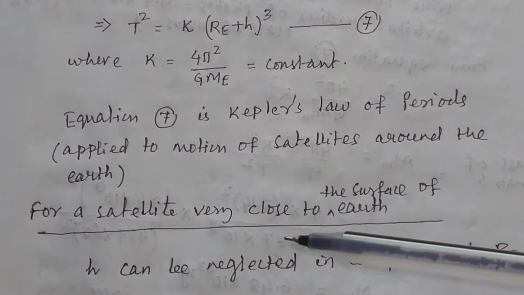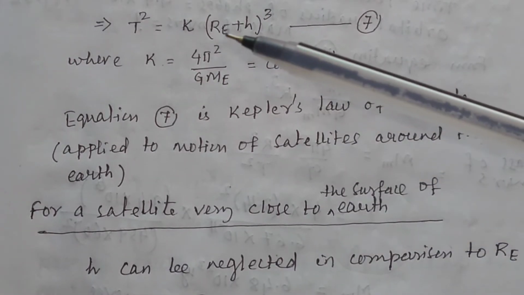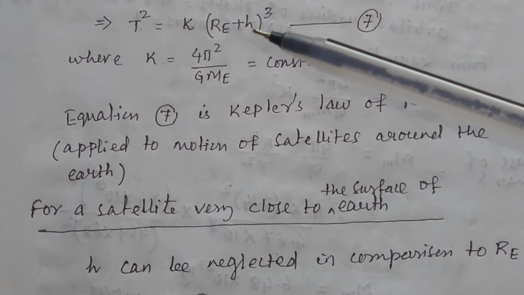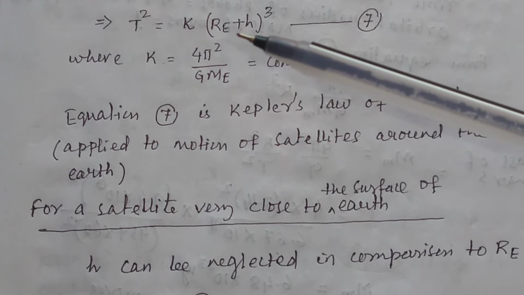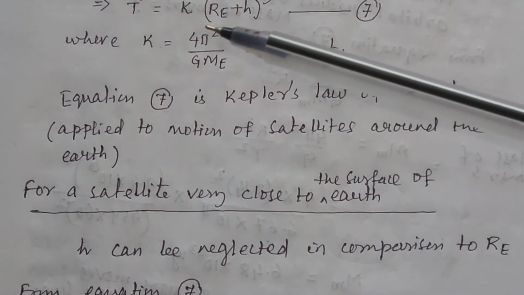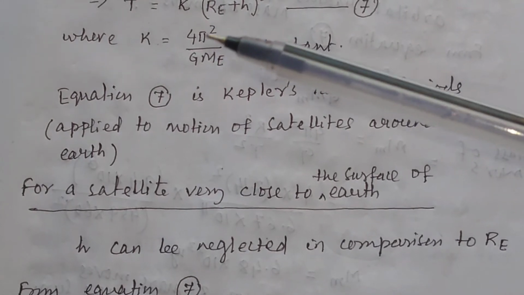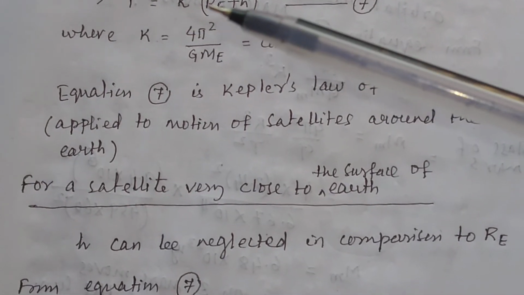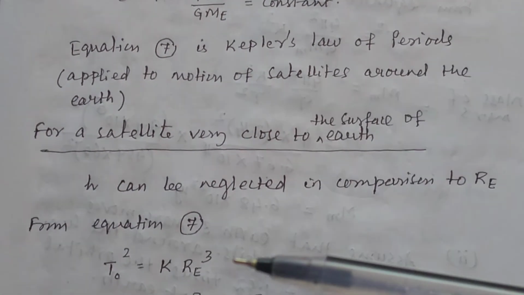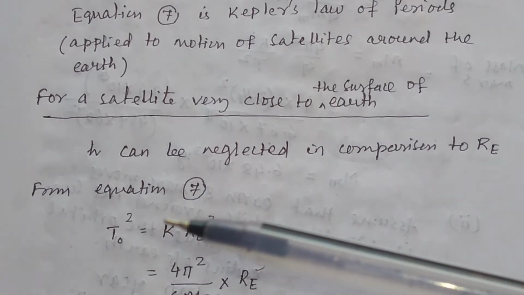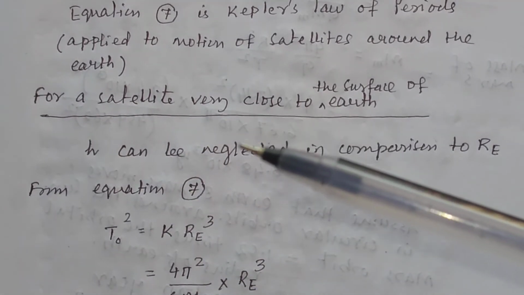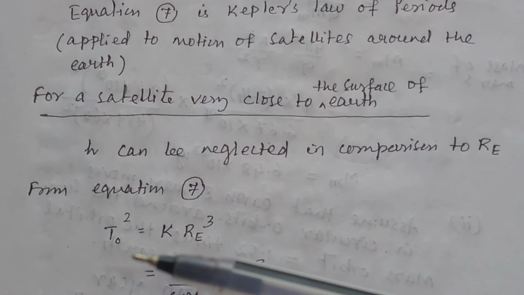For a satellite very close to the surface of Earth, H can be neglected in comparison to RE, the radius of the Earth. So from equation 7, T square will be equal to K into RE whole cube. For a satellite very close to the surface of Earth, we take the time period as T0.